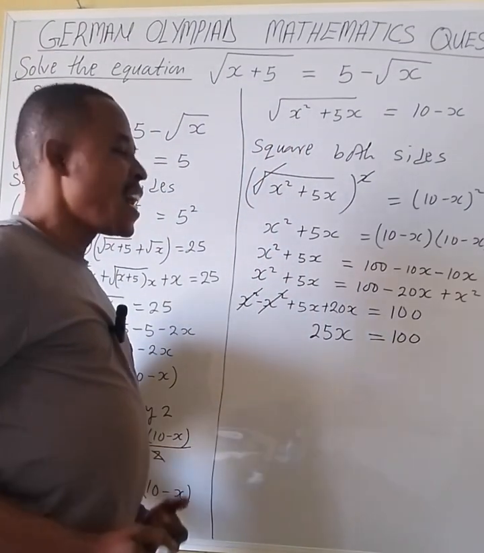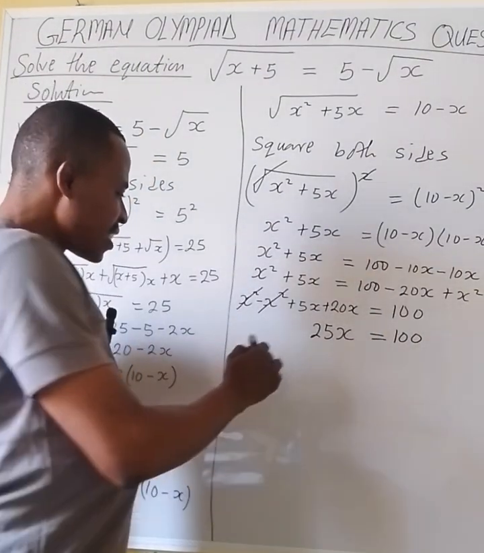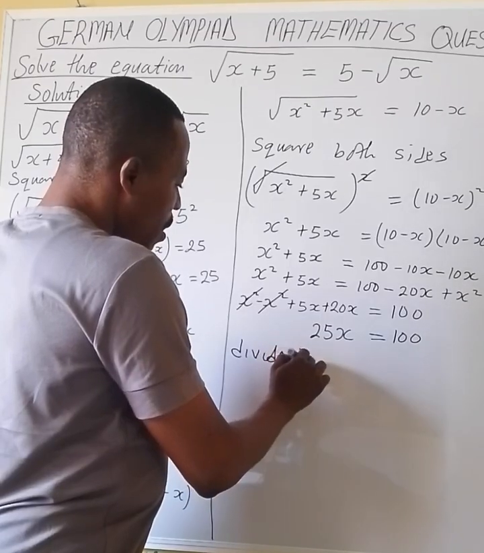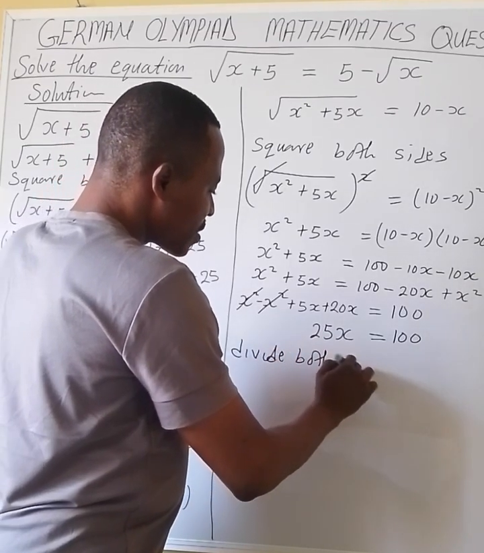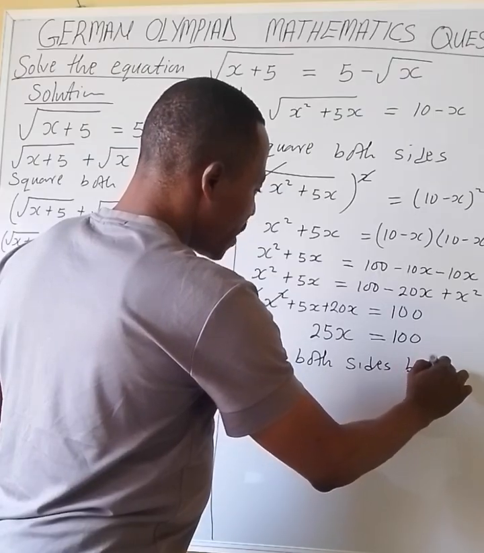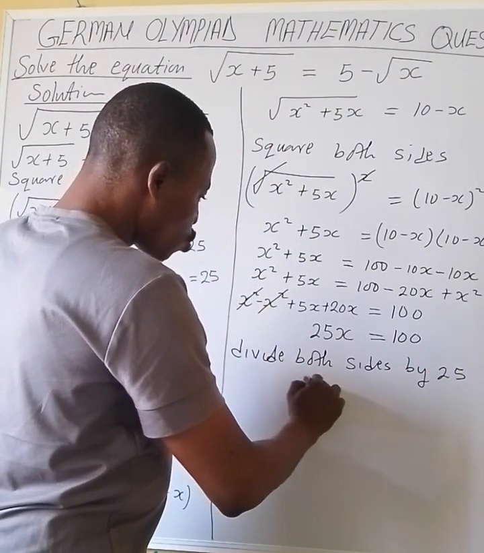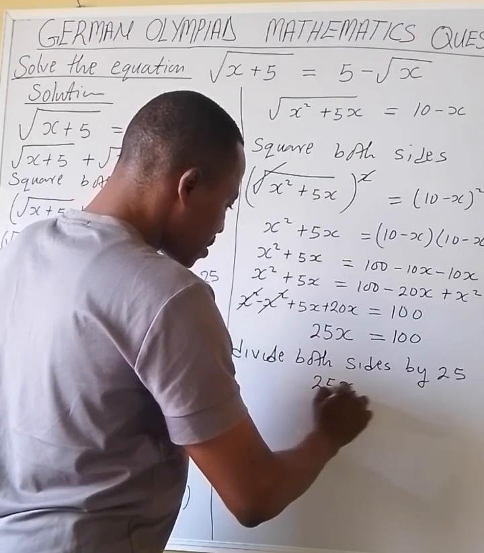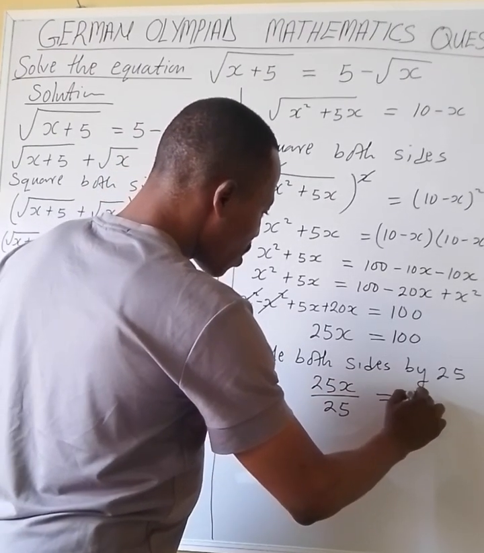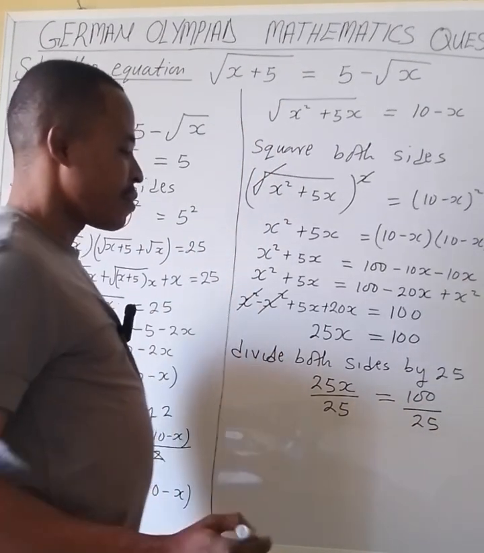Now we are solving to get the value of x. We will divide both sides by 25. So we have 25x over 25 equals 100 over 25.